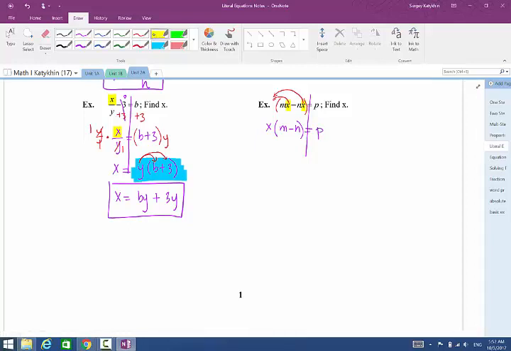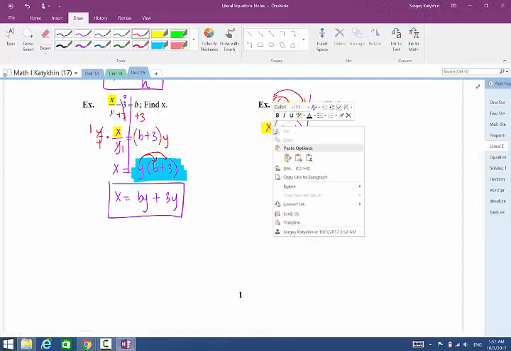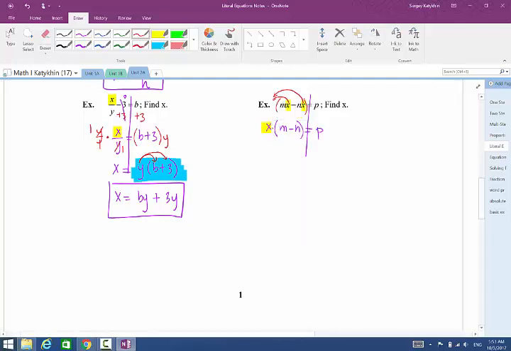Now, what's keeping x from being all by itself? Well, x is being multiplied by this grouping. It's being multiplied by m minus n. Well, how do I undo multiplication? I divide by m minus n. And I'm going to have to do it to both sides.